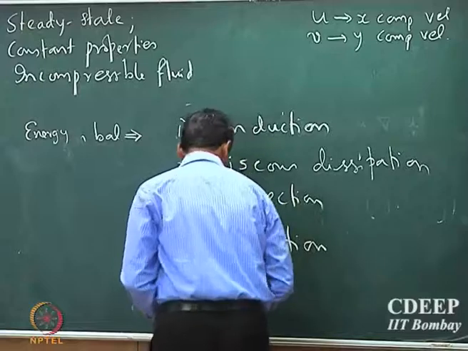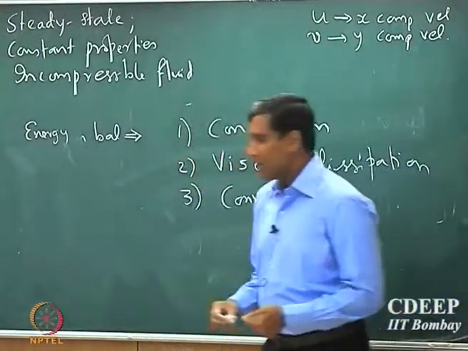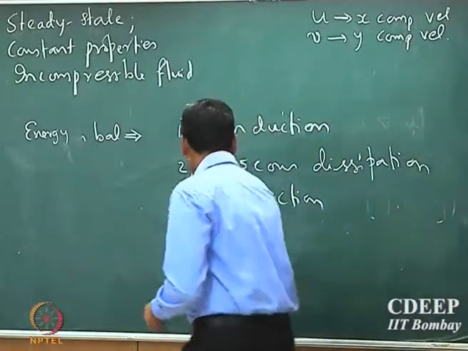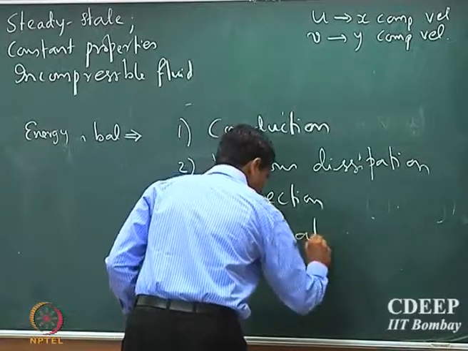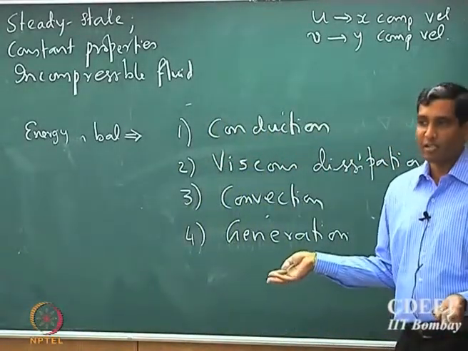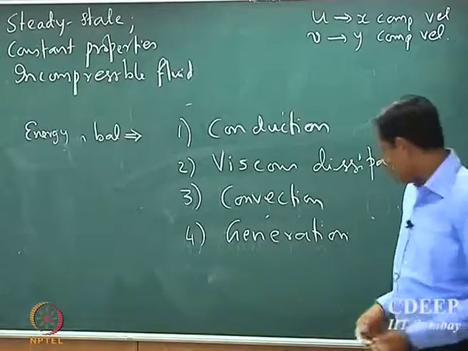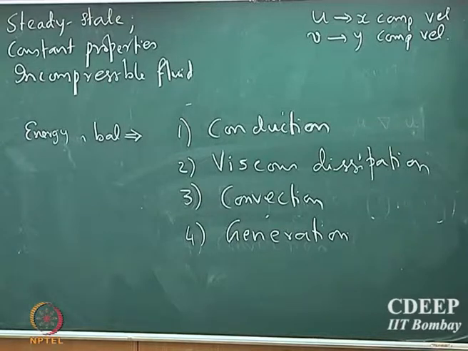What else? Work done by? Okay. So we can call it generation term. If it is generation, it's a positive sign; if it is a sink term, it's a negative sign. Okay. So these are the four processes. So we can easily write down these balances.